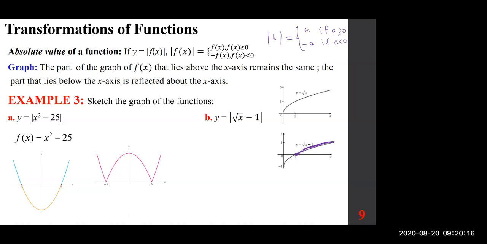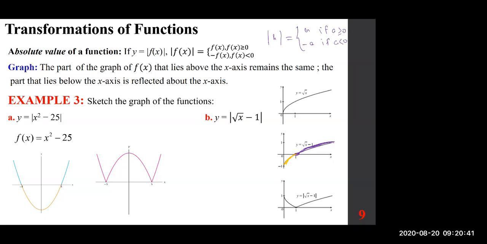Fine, so you can graph it just the way it is. However, this portion is below. It will flip over with respect to the x-axis. That's all there is to it. Notice what happens.